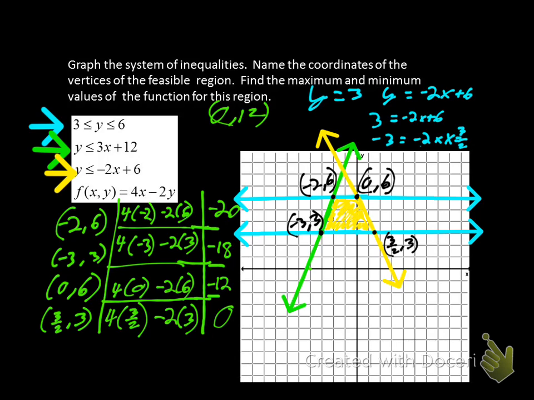Now, last step. You want to find the max and the min values of the function for this region. This is the region. Your max or min values happen at your vertices, which you plug into this function. So your last step is to find the biggest and the smallest. What's the biggest number of that last column? 0.